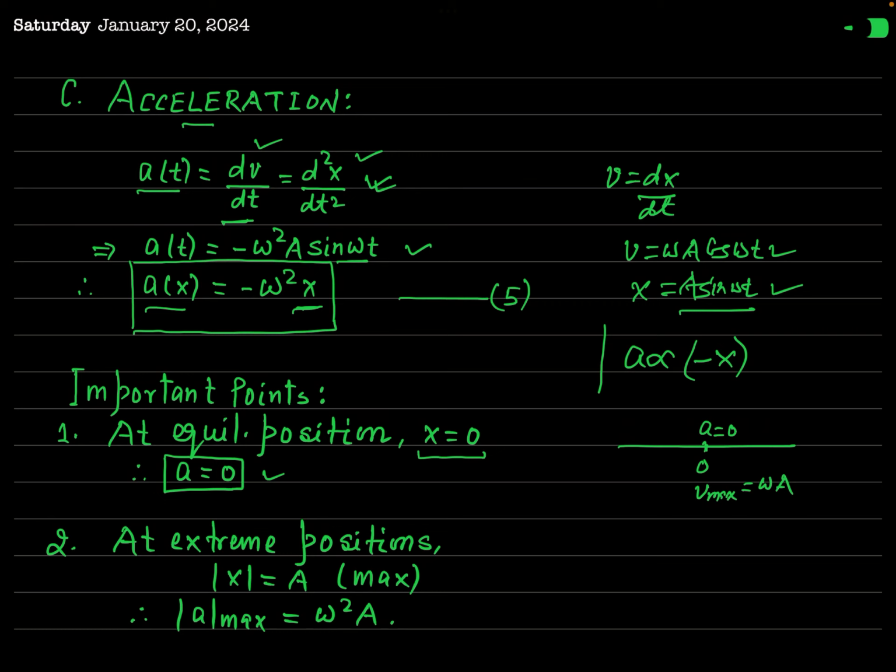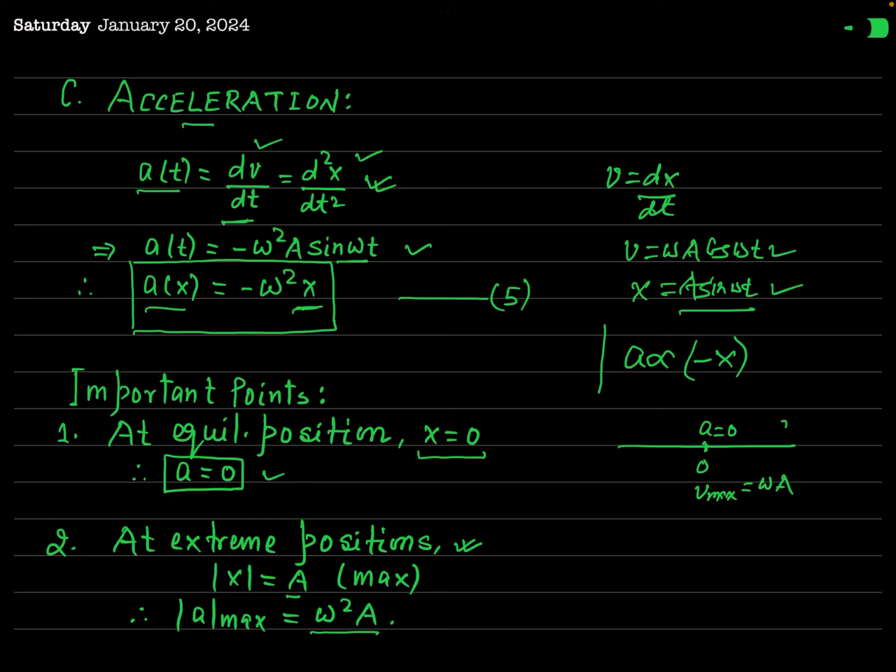Similarly, at the extreme position, displacement x is maximum and equal to A. The modulus of x is A, its maximum value. So the maximum magnitude of acceleration will be equal to omega square A. So when the particle is at its extreme position, acceleration is maximum.